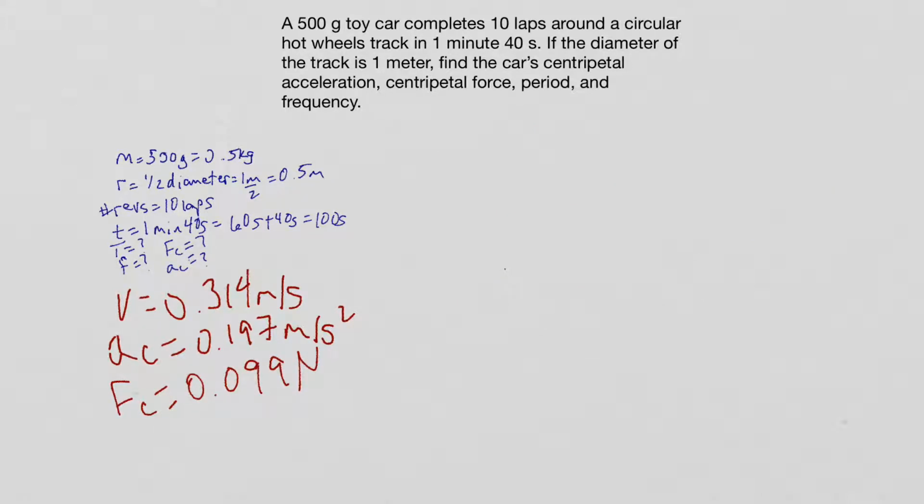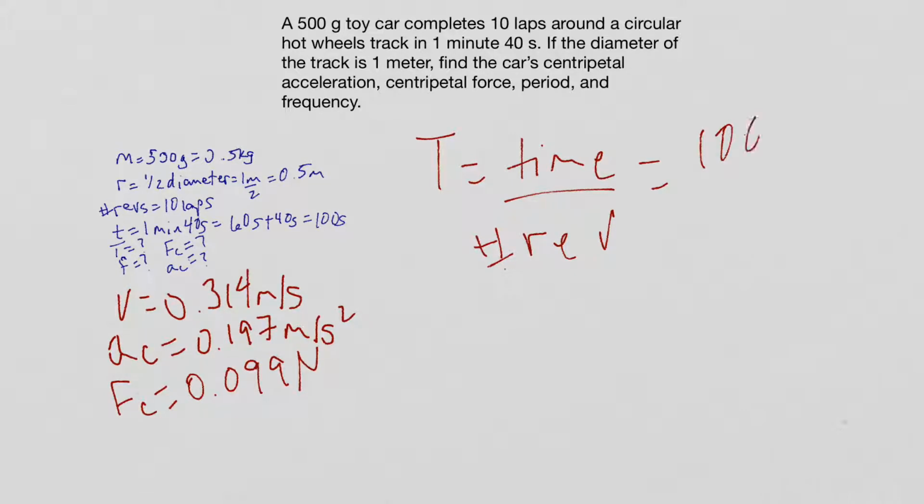And then the last thing we want to find is our period and our frequency. The period is just the time it takes for the number of revolutions. The time was 100 seconds in 10 revolutions, so 100 divided by 10 is 10 seconds.